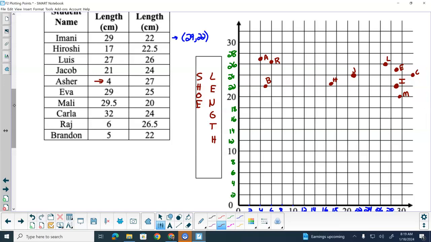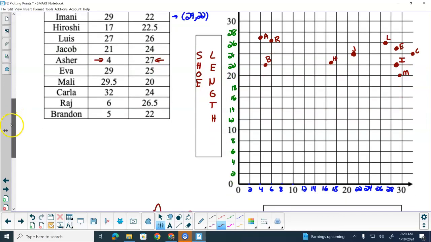It's the tallest point, or the point that's up at the top the most? Yep, that's one. Or we could have looked down the column and looked for the biggest number. Yep, exactly. So Asher, again, has the biggest shoe size.